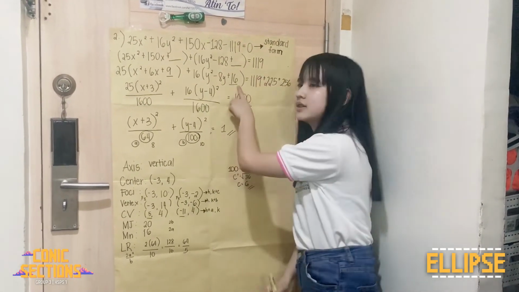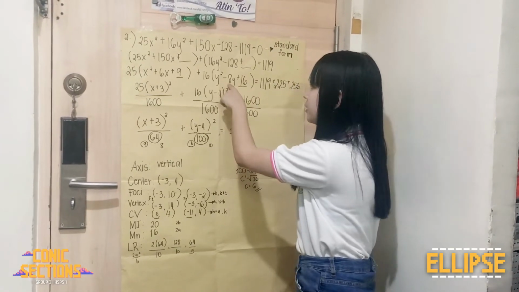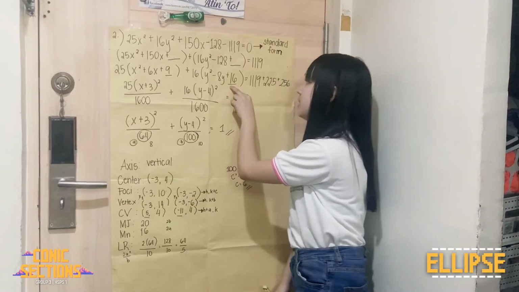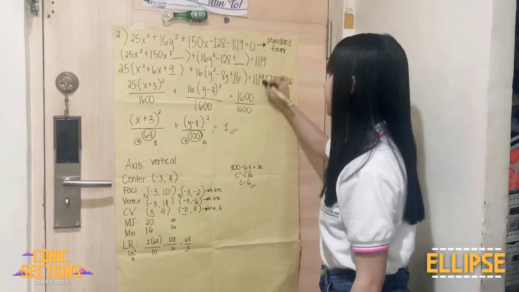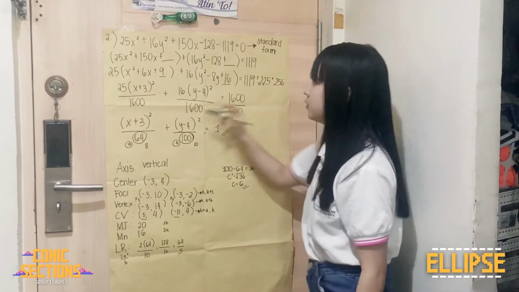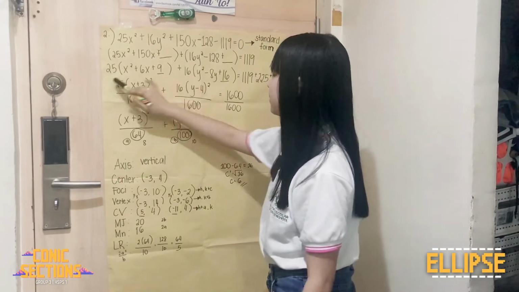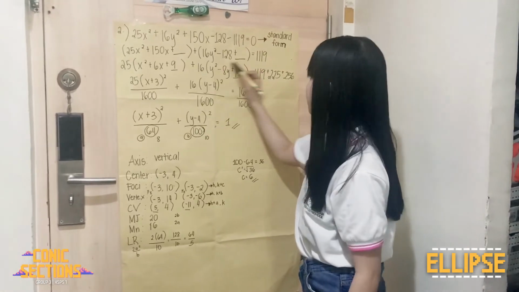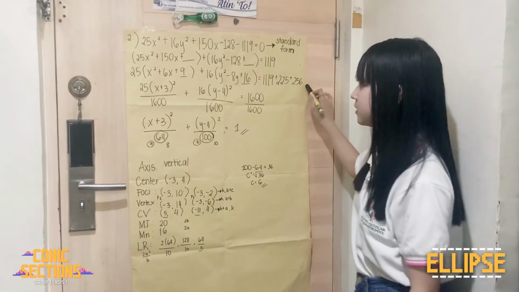How did we get 16? We take 8 divided by 2 is equal to 4 squared, which gives us 16. So equals 119. And then we have to multiply these two numbers, so we will get 225. And for these numbers right here, we have 256.